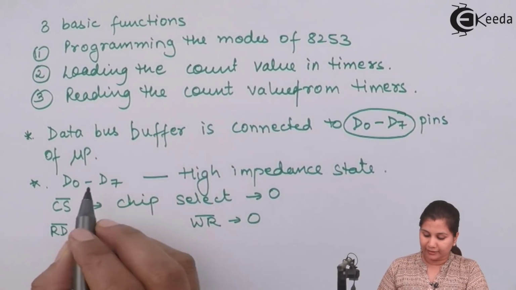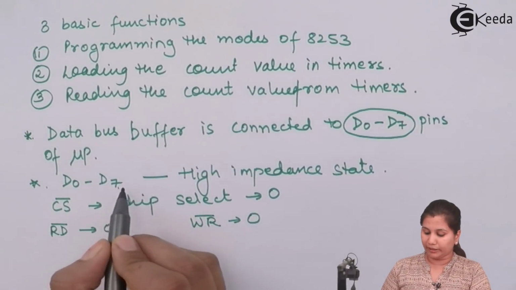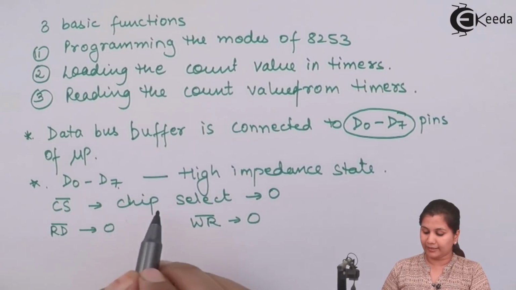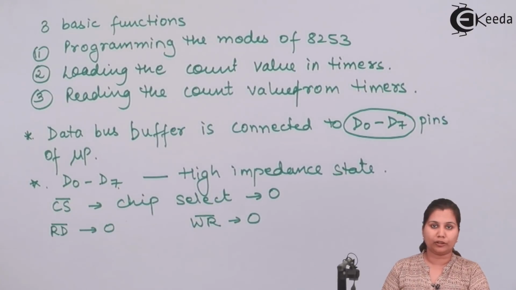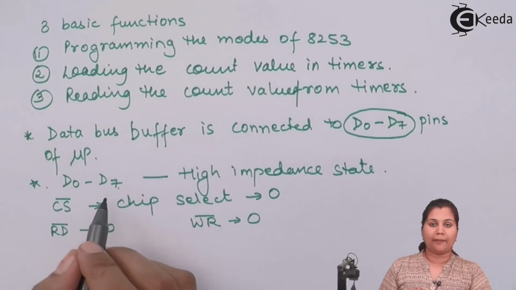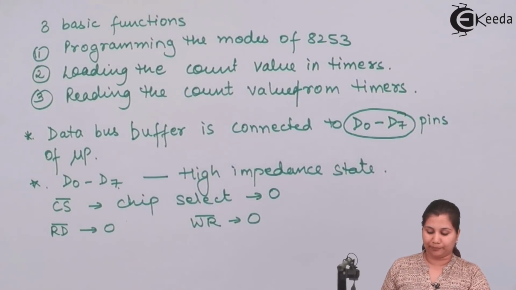So we can say that the D0 to D7 pins are used according to the chip select signal and read and write signals, and then the data bus buffer will work. So data is transmitted through these pins D0 to D7 from the microprocessor to the timer 8253.